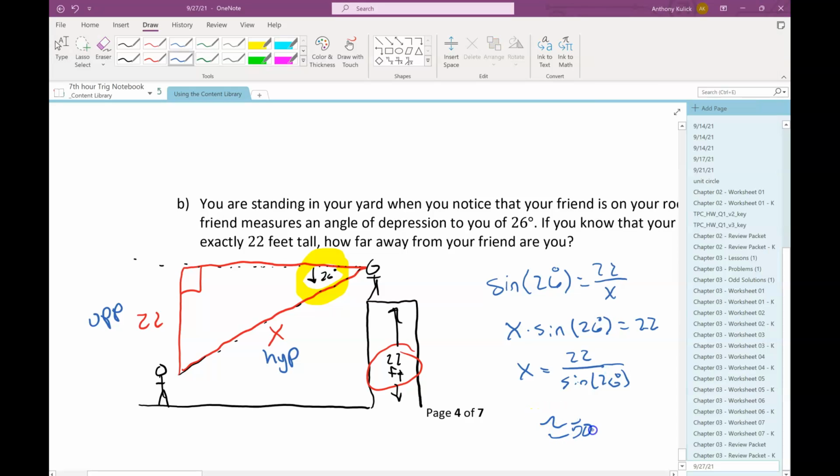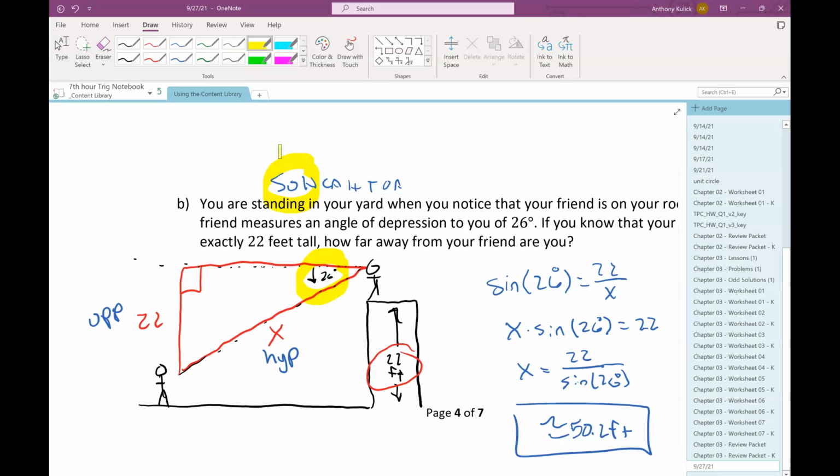When you're finding sine or whatever it's going to be, how do you know it's opposite over hypotenuse and not hypotenuse over opposite? So that's what SOH CAH TOA is. Sine is opposite over hypotenuse, always. Oh, so I'm looking at the 26-degree angle.